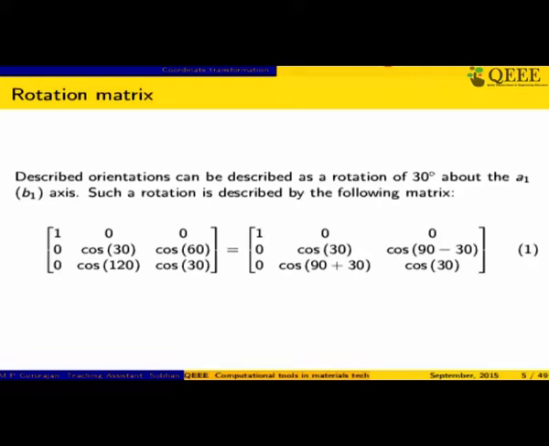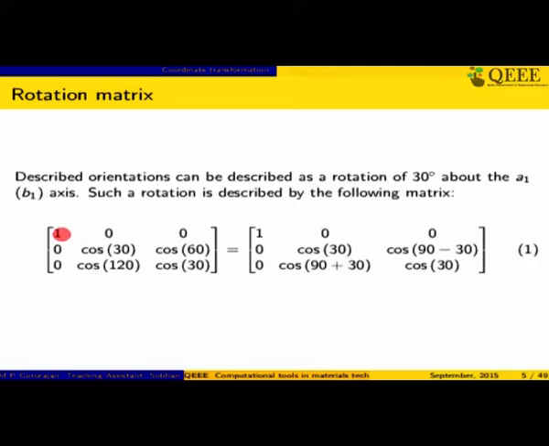So what is a rotation matrix? That is what is shown in this slide. Because the x-axis remains unchanged, A1 versus B1 makes 0 degrees, so that is 1, and A1 B2 and A1 B3 are the same because they are not changing.